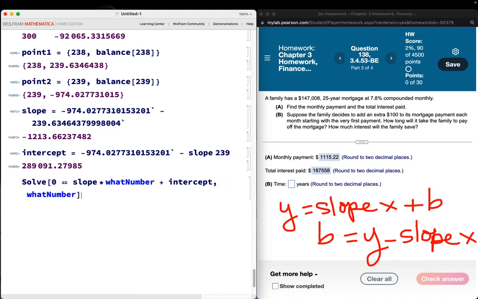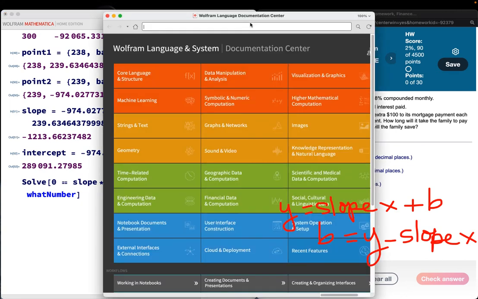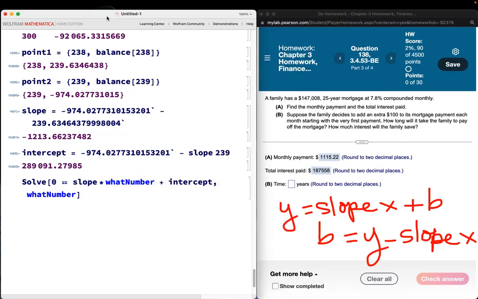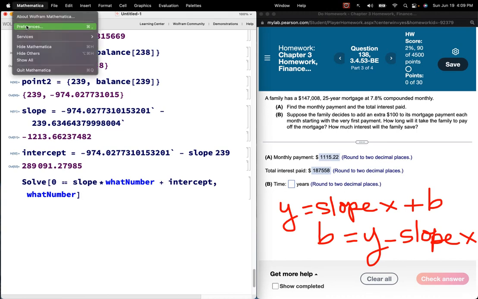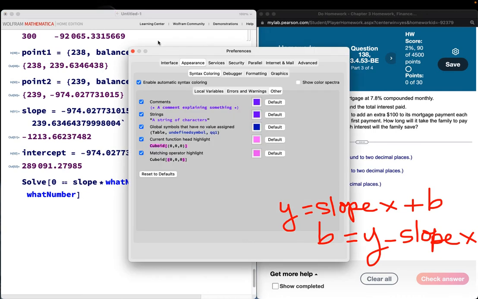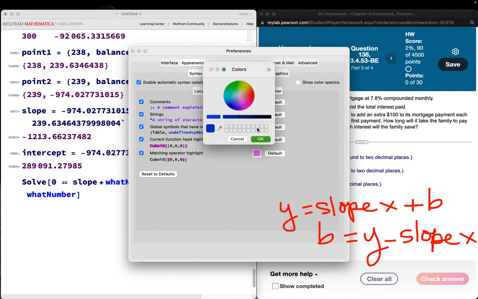And actually, guys, why does it have to be help? Let me see something. Global symbols that have no value assigned. Let me make that red, or maybe a reddish color.